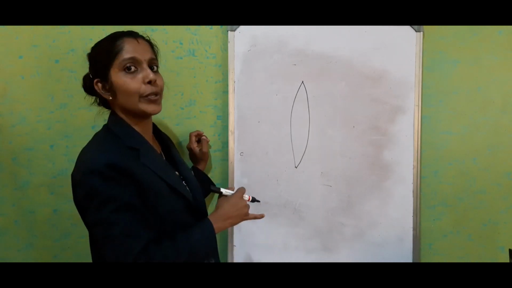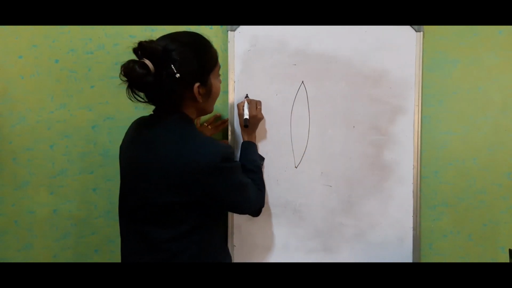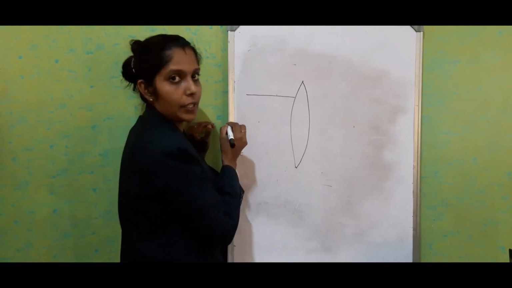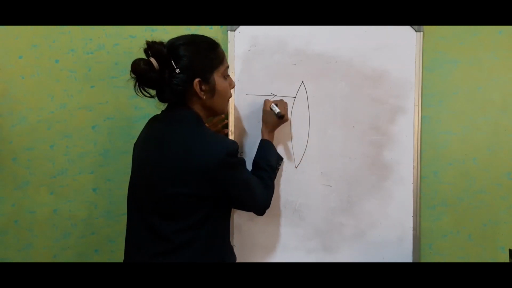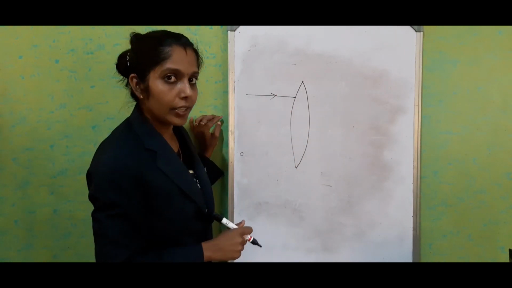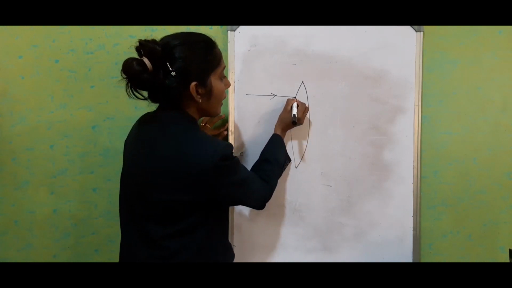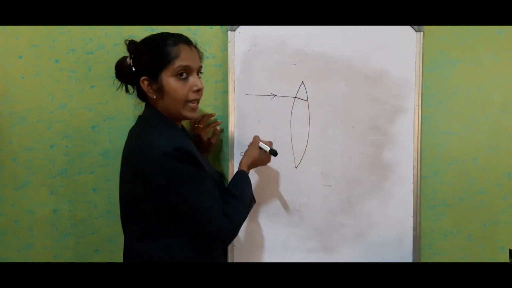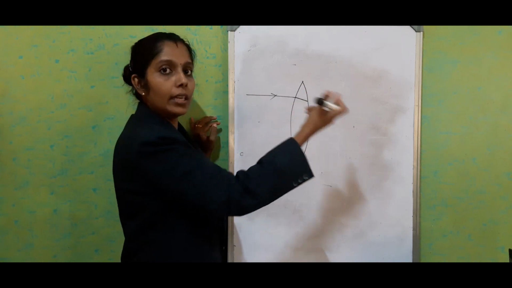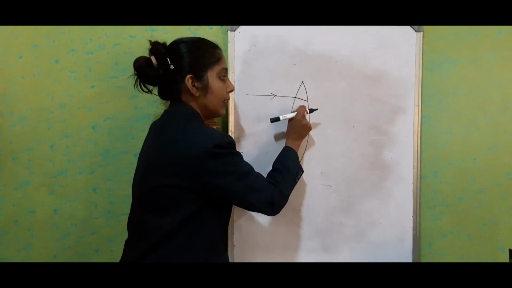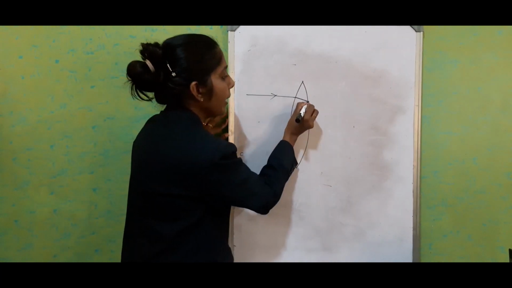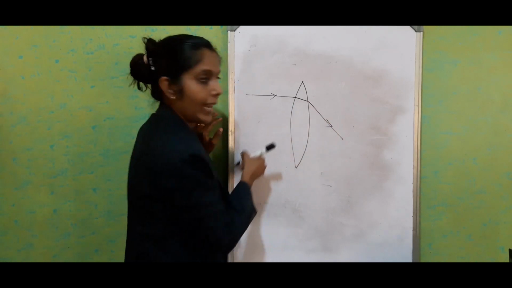Same way we can also show here. Just consider this is a first surface. On this first surface, the first set of refraction is happening, right? So it comes bent towards the base. Now it came to the another surface, denser medium to rarer medium. Again it goes like this way.